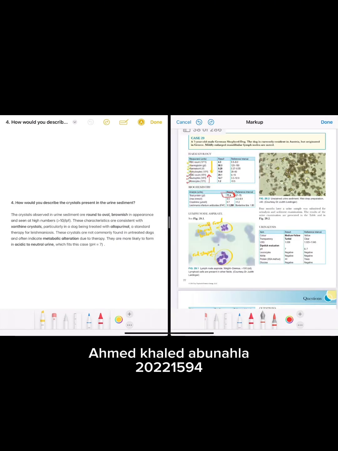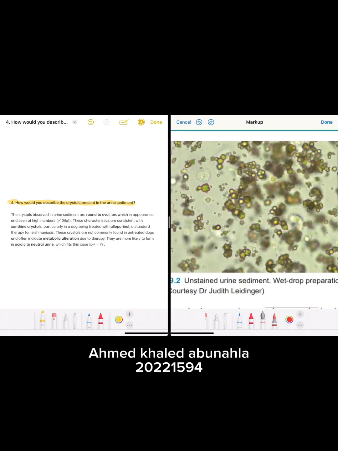Question number 4. How would you describe the crystals present in the urine sediment? If we go to the urine sediment and look at the crystals, they appear in high number, they are round to oval in shape, and their color is brownish to green.